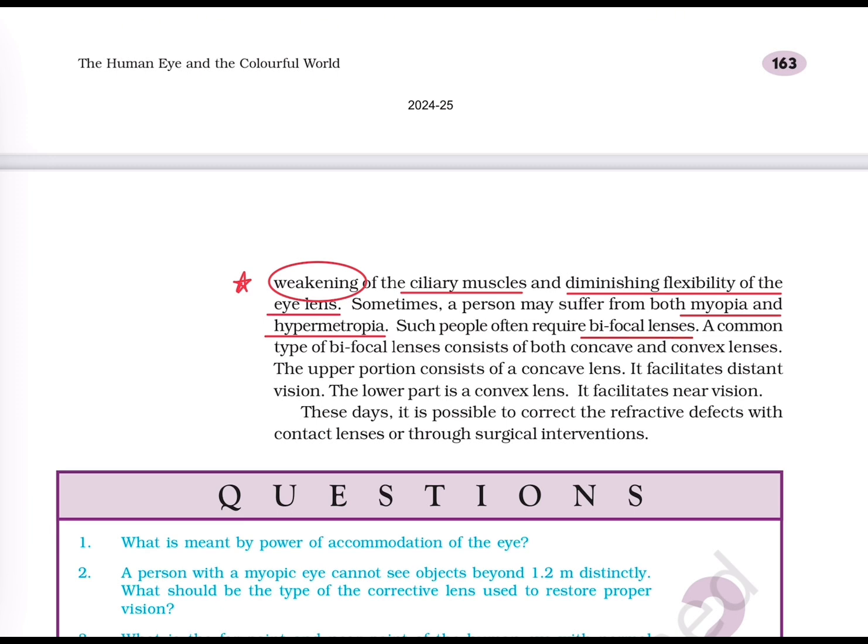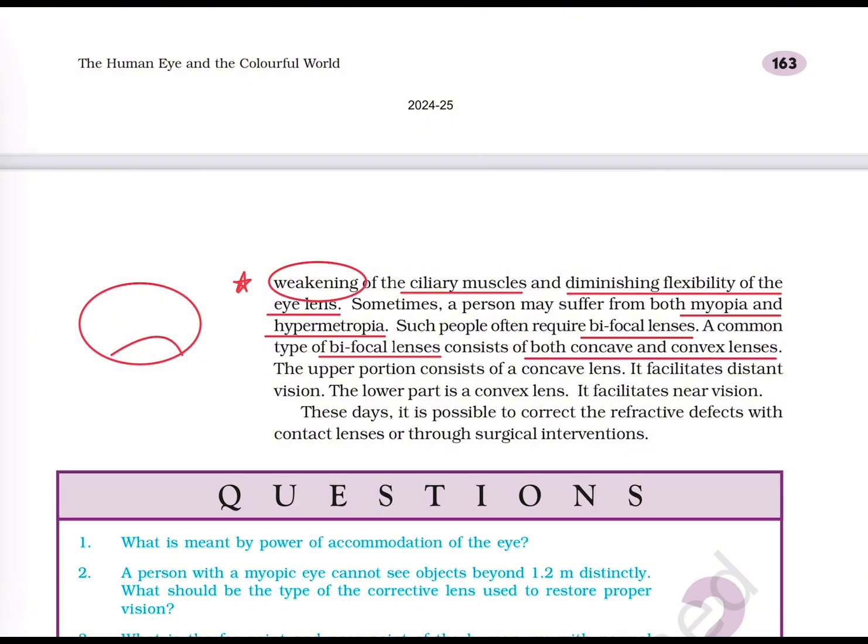A bifocal lens is a combination of two type of lenses. Both concave and convex lens are used in bifocal lenses. So these type of lens are observed in spectacles of old age people, where in their spectacle two parts are defined.